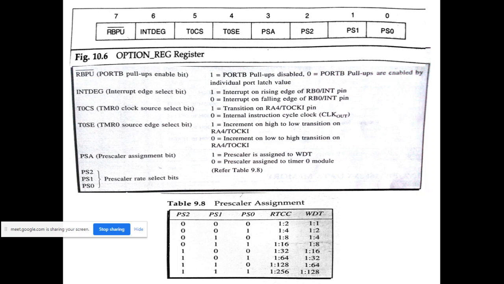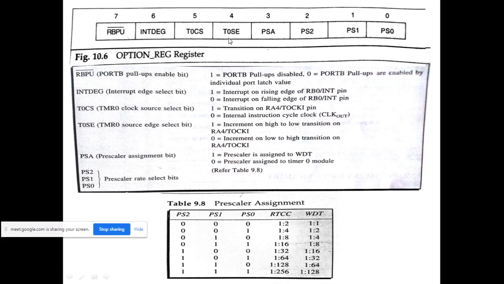And when it is divided by 256, effectively it becomes a 16-bit timer, because the 8-bit timer is already there. That's how this frequency can be divided, and further it will be divided by this 8-bit count, which is there in the timer count register.